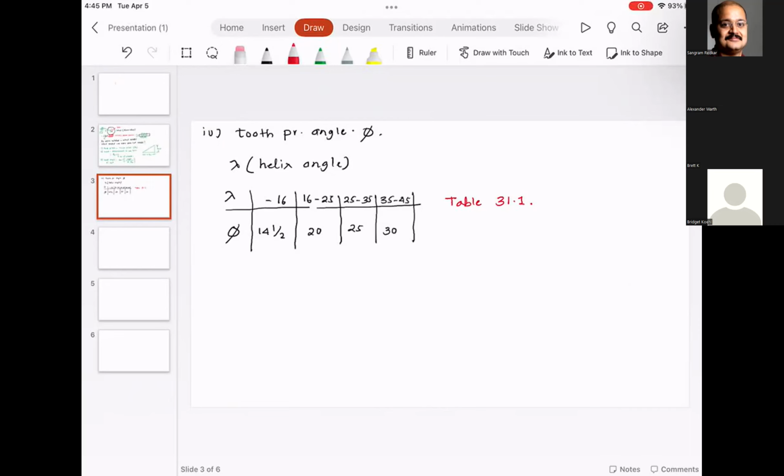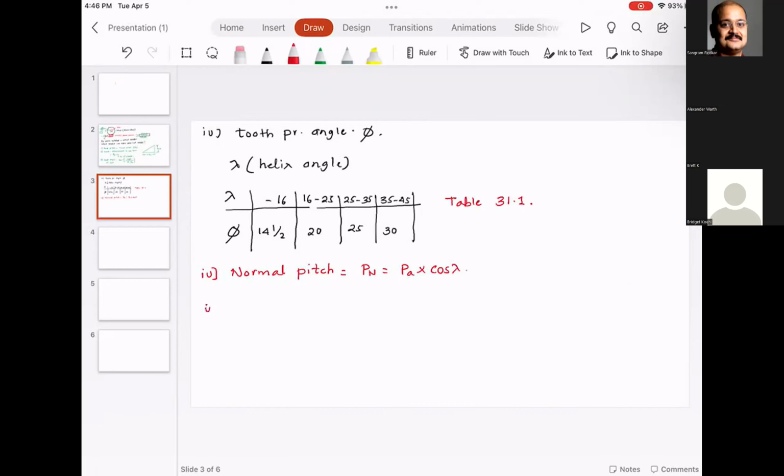Then the next concept is the normal pitch, which is Pn equal to Pa times cosine lambda.